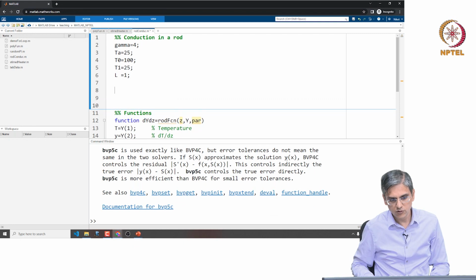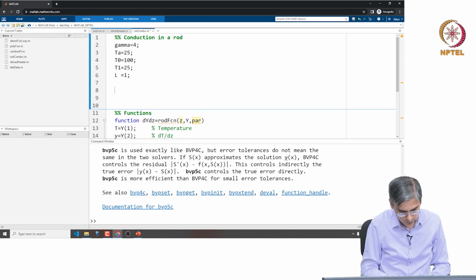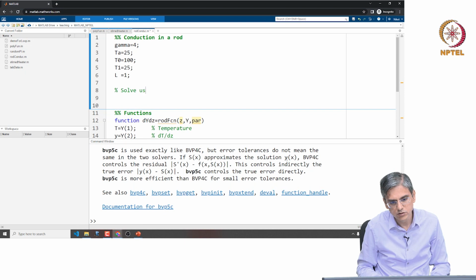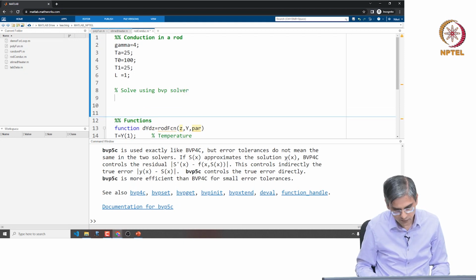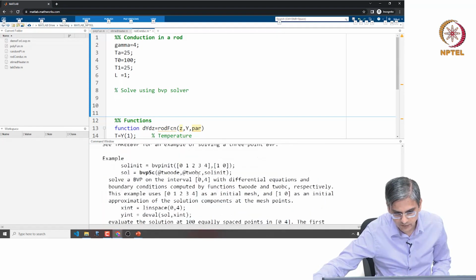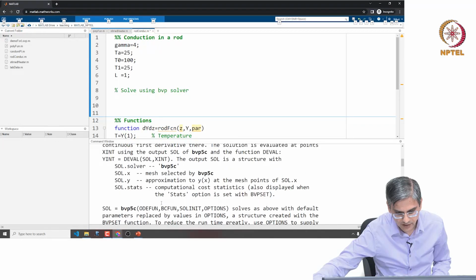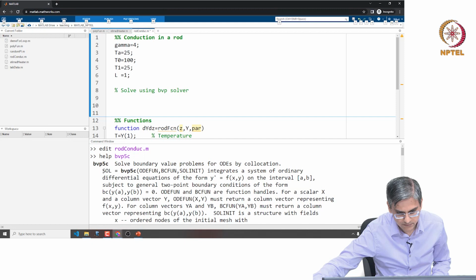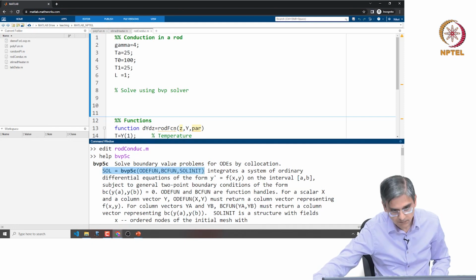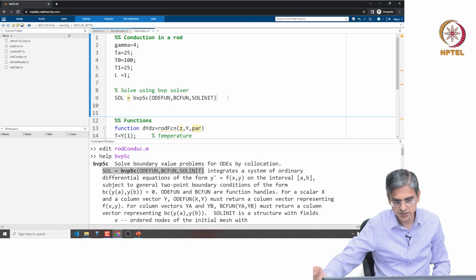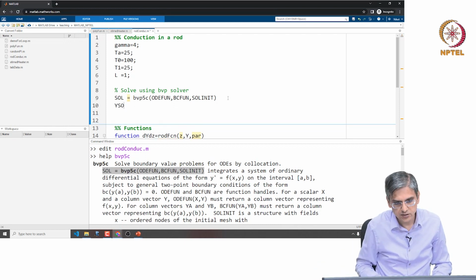Now to solve using BVP solver, let's look at what we need. We have a solution. This is the format. So y sol equal to bvp5c.